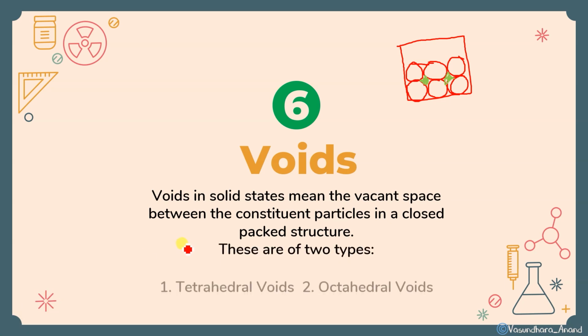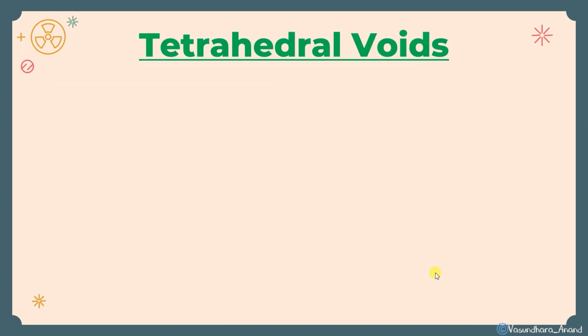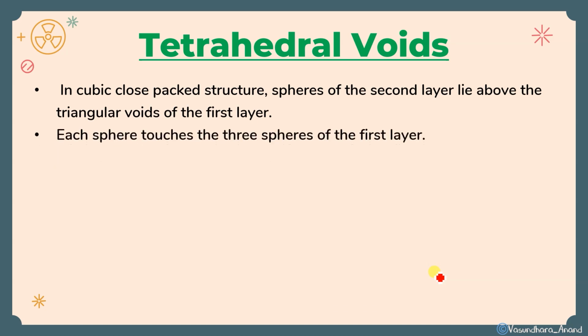So that is called voids. Voids are of two types, tetrahedral voids and octahedral voids. I have already explained this in my previous video, so this is just to write down. Tetrahedral voids: in the cubic closed packed structure, spheres of the second layer lie above the triangular voids of the first layer. Is it quite clear? The spheres of the second layer will be put in the triangular void of the first layer.